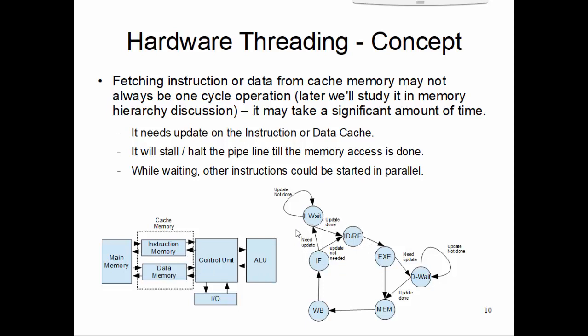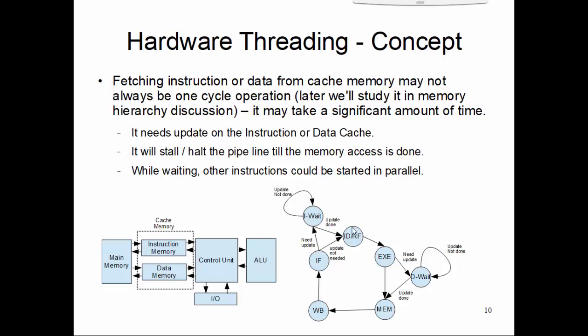Okay, so here the state changes as I try to simplify it a little bit here. We said from the instruction fetch I have two paths, right? So one option is there is no update needed, meaning your instruction is in the instruction memory. Then it can go directly, fetch is complete, and you go to the instruction decode and register fetch.